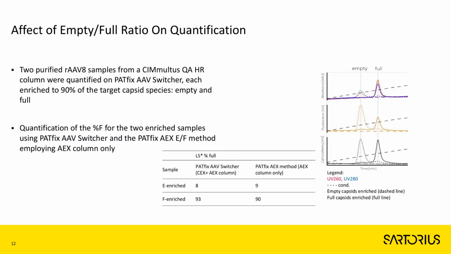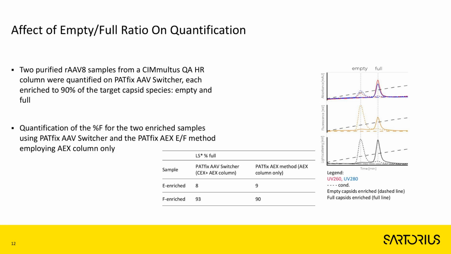To test how the system performs for challenging samples where we might have a large excess of either empties or fulls, and to still have a good, reliable readout of the actual ratios of the two capsids, we tested the system by injecting two purified AAV samples, one that was 90% full capsids and one that was 90% empty capsids.